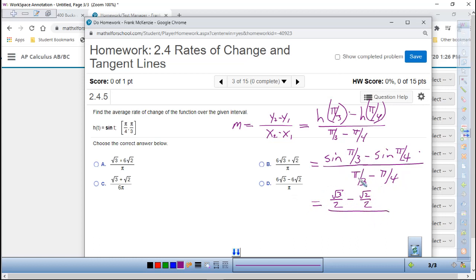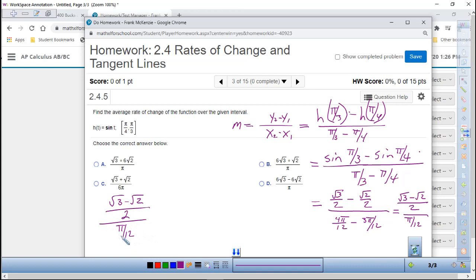And on the bottom, pi over 3 and pi over 4, we're going to have to get a common denominator, which is going to be pi over 12. So we get 4 pi over 12 minus 3 pi over 12. So we've got a common denominator here, so we've got the square root of 3 minus the square root of 2 all over 2, divided by pi over 12.